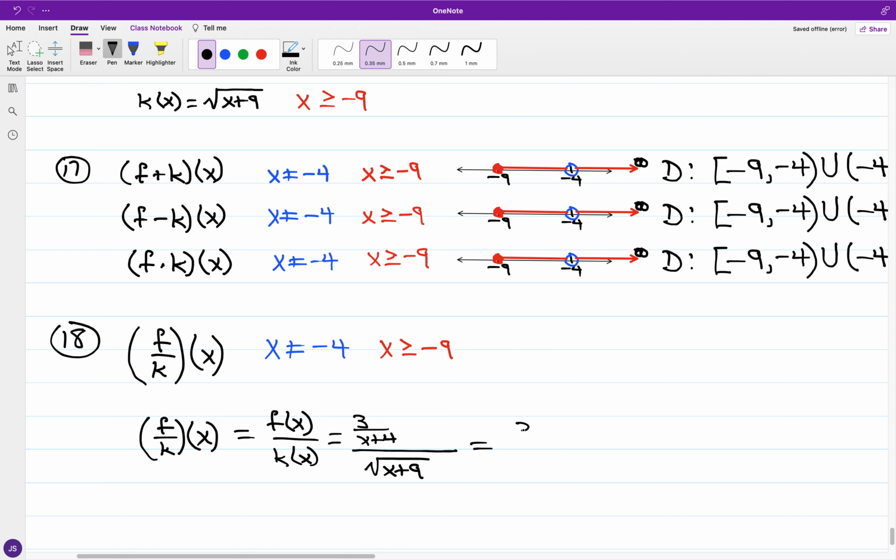And so just kind of clearing things up here, you've got 3 over x plus 4, and dividing by the square root of x plus 9. That'd be the same as multiplying by the reciprocal of the square root of x plus 9.